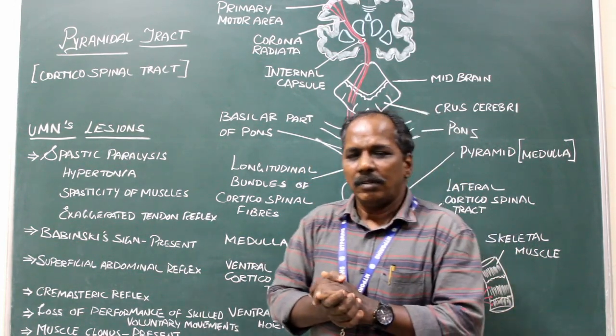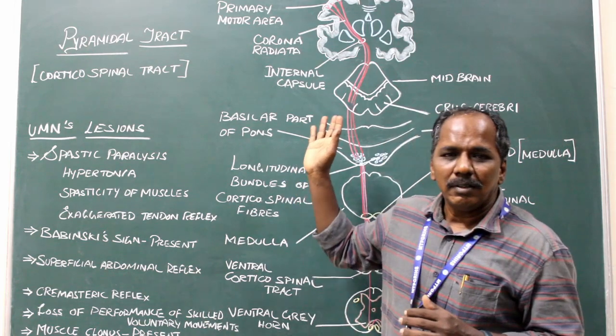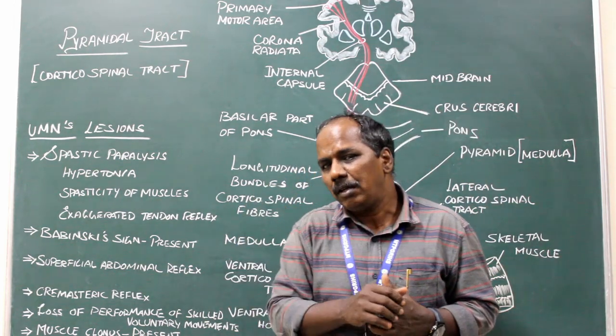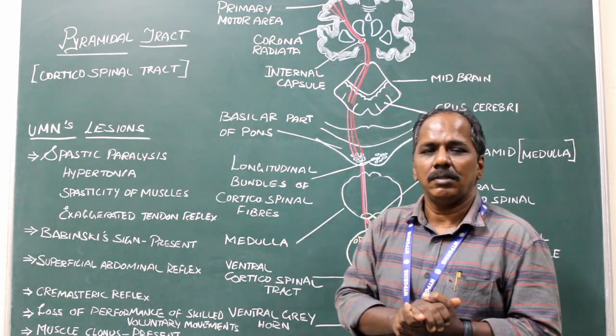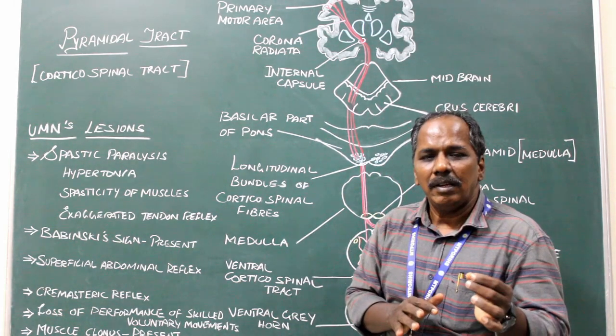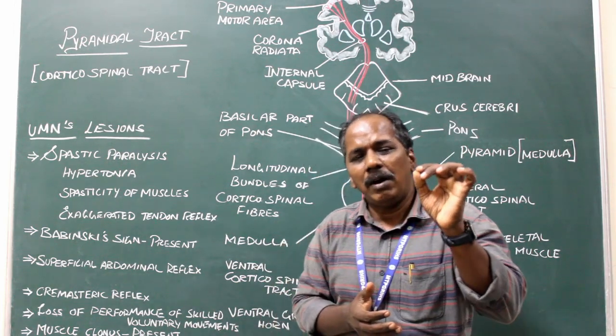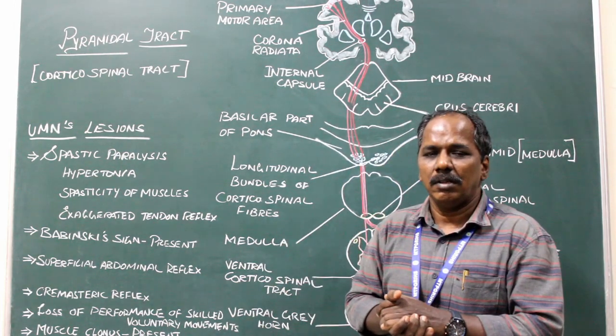That is, when the upper motor neurons are damaged, they lose their control over the lower motor neuron. So consequently, this results in hyperactivity of lower motor neurons.